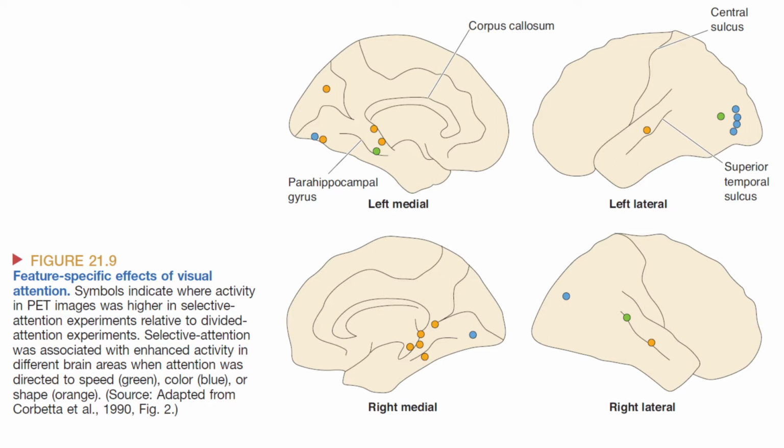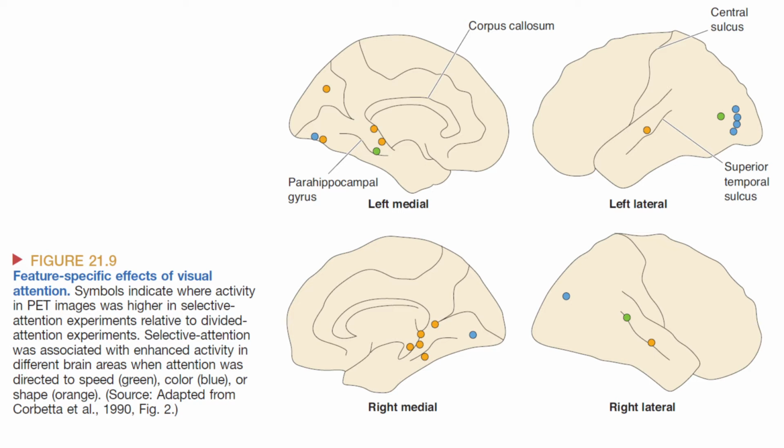They made a new image where they paint with color every brain region in which they found activation. So we can see here different areas of the cortex, and those spots are showing higher activity when different attributes of the stimuli were being discriminated.